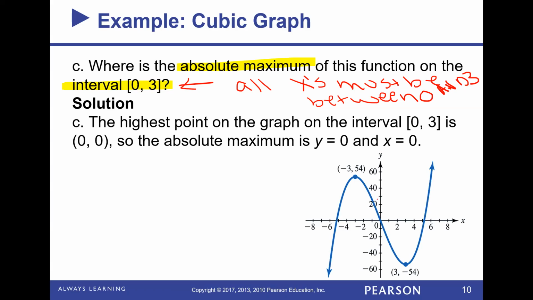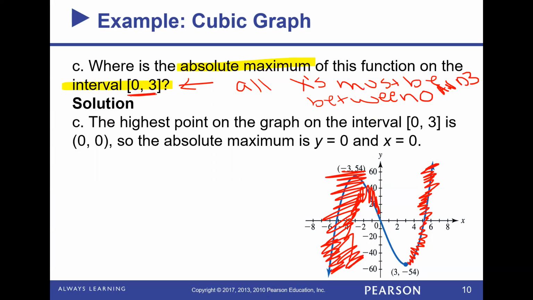So if my x's are between 0 and 3, that means that basically none of this part of the graph exists. The graph starts right here, but it stops at 3, which is right here. So this part of the graph isn't going to exist. There's really not a great way to show it in your calculator when it only shows this interval of 0 to 3.